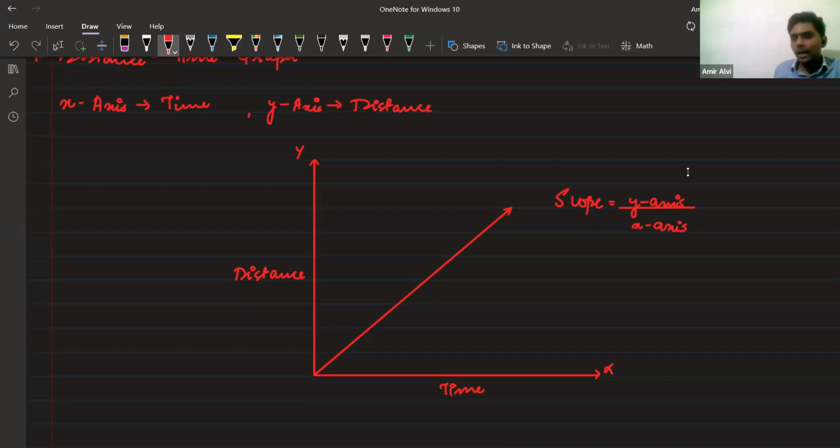So on the y-axis, you have distance. On the x-axis, you have time.